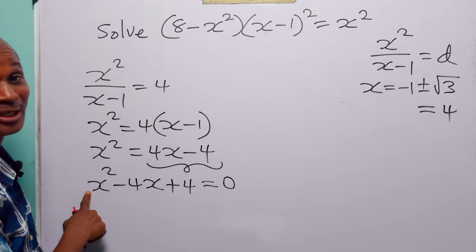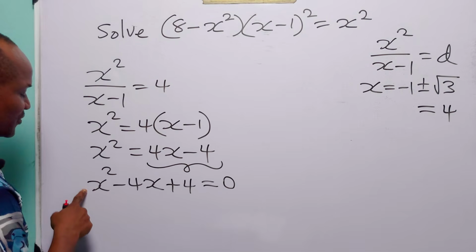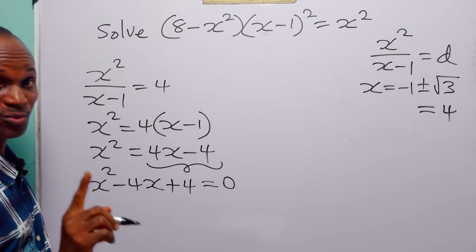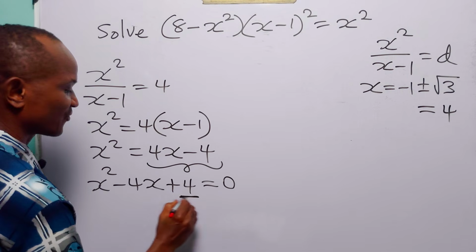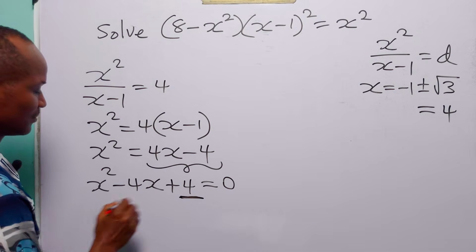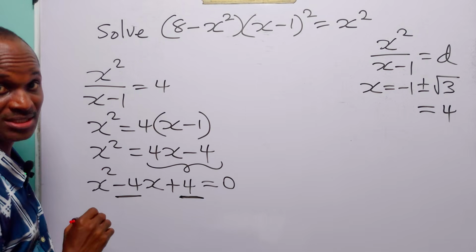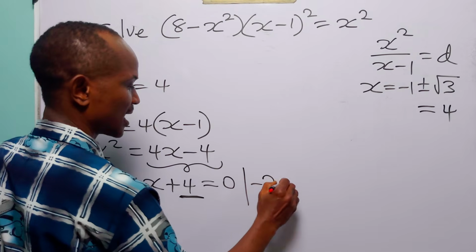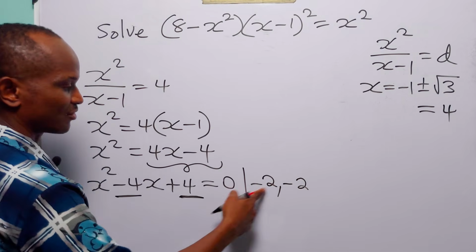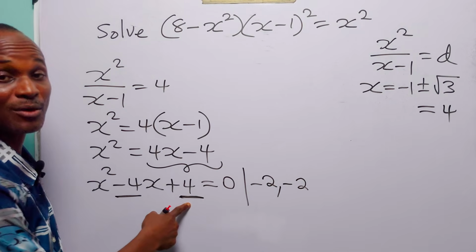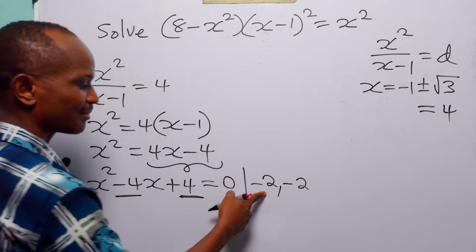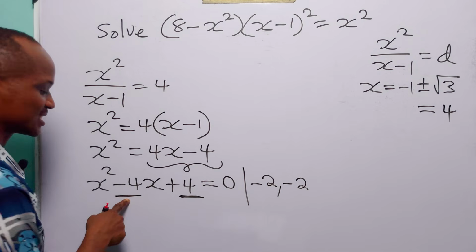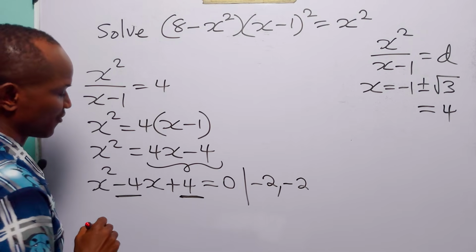Now, we can factorize this. Since the coefficient of x² is 1, all we need to do is to find the factors of 4 that add up to -4. Now, we have -2 and -2 because -2 times -2 is equal to plus 4, while -2 - 2 is equal to -4.